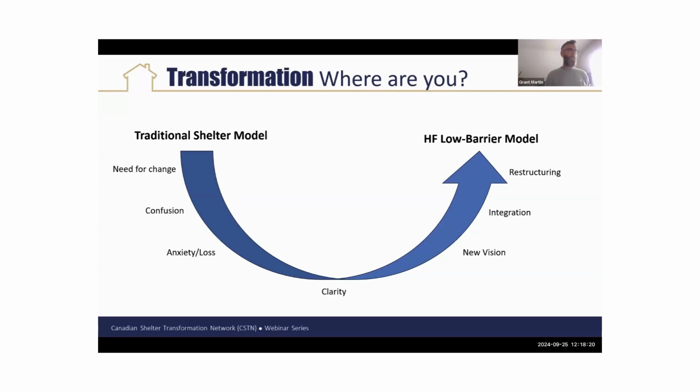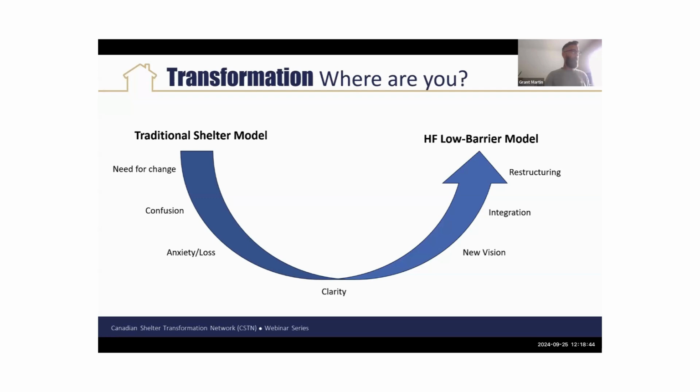this transformational change process. So many of you may still feel like you're on the left side of the slide, feeling like there's a need for change because what you're currently doing isn't resulting in people getting housed from shelter, for whatever reason that might be. There could be lots of different feelings, like confusion: I don't know what these changes will be and how they will impact me.